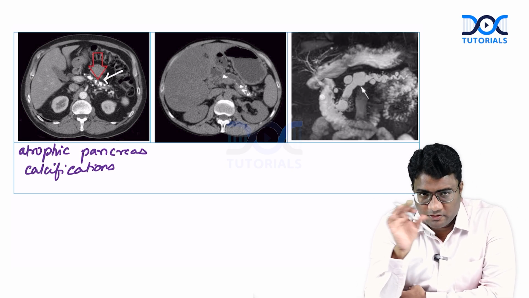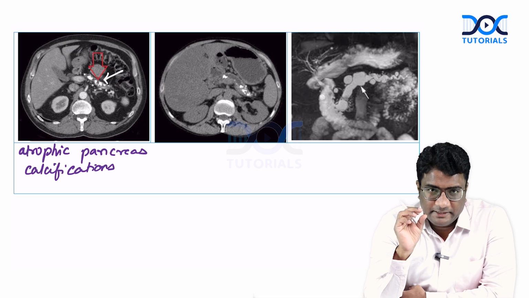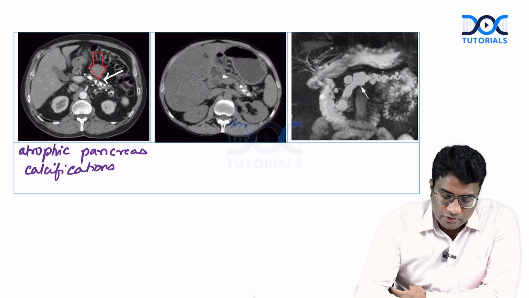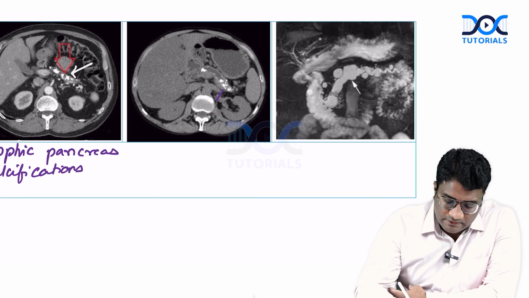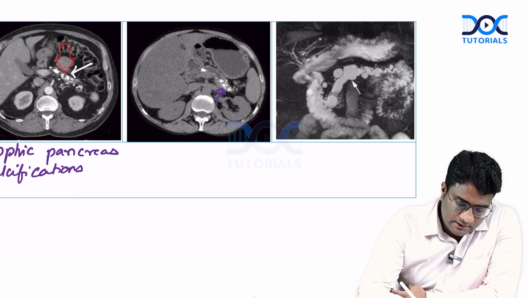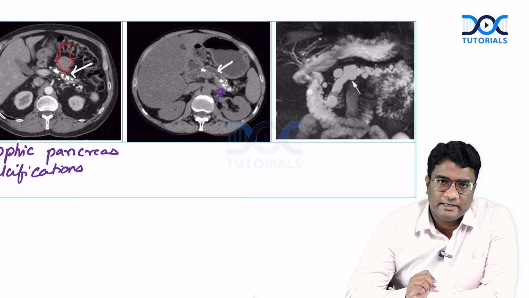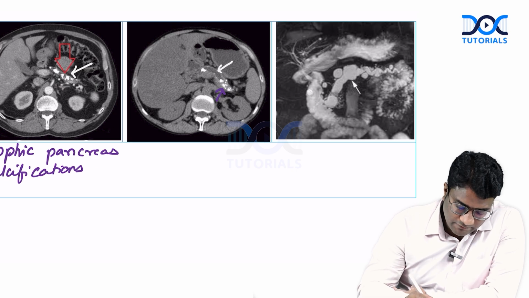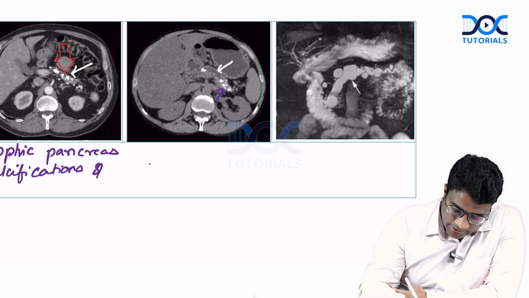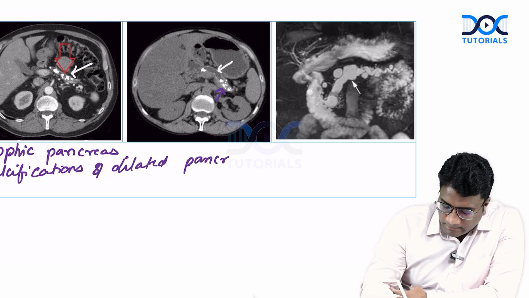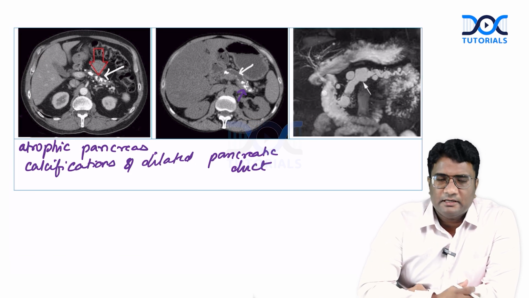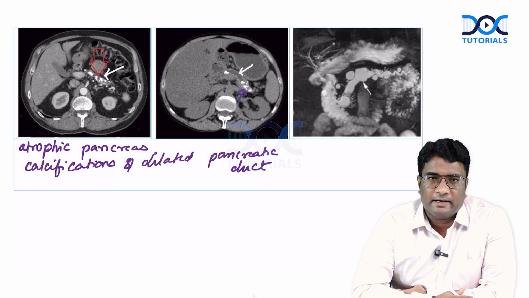The parenchyma gets atrophic, but the main pancreatic duct shows you stricture and dilatations. So you can see here the presence of calcification, and I hope you can notice there is a dilatation of the pancreatic duct. So you are seeing calcifications and dilated pancreatic duct. The parenchyma is atrophic and the duct is dilated in chronic pancreatitis.